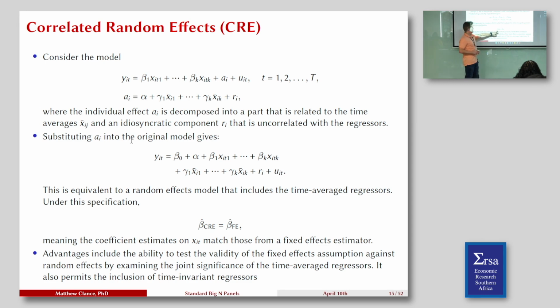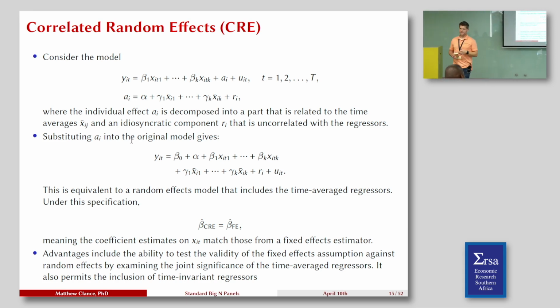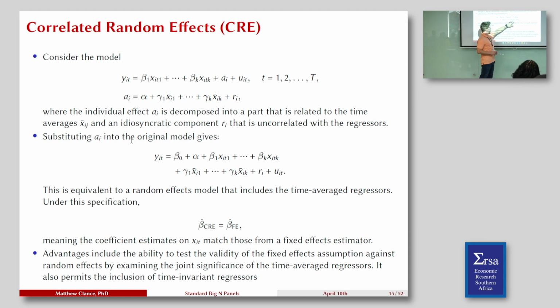But if we do that, we find the beta on the CRE is equal to the beta on the fixed effects. Okay? So remember before, we killed off the a_i term by demeaning, which might lower the amount of variation we have here. Here we're keeping the amount of variation we had before, but we're just using the means to account for the a_i term. Okay?